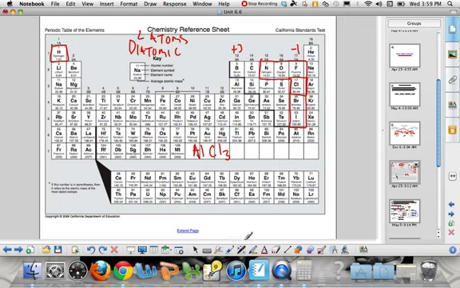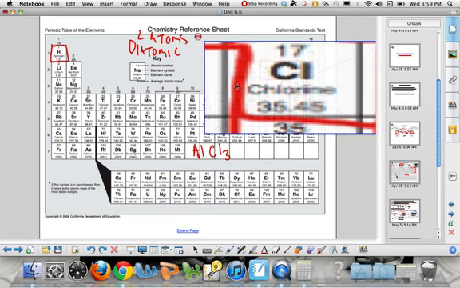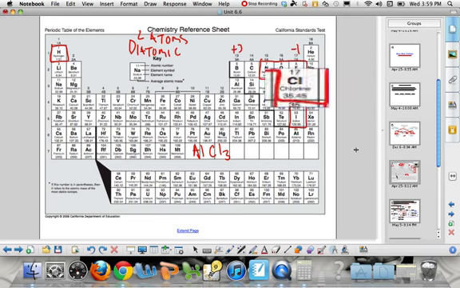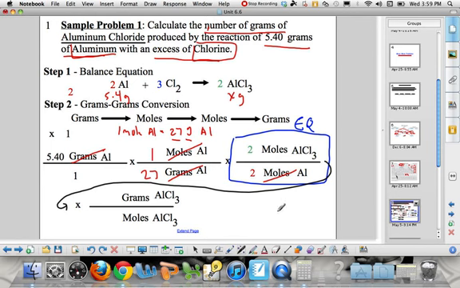When I look at chlorine from the periodic table to figure out its atomic mass, it says 35.45, and remember, we said we just wanted to round that to 35. So we just looked this up, and we said aluminum has a mass of 27 and chlorine has a mass of 35.5. Well, that's the mass of one aluminum and one chlorine.